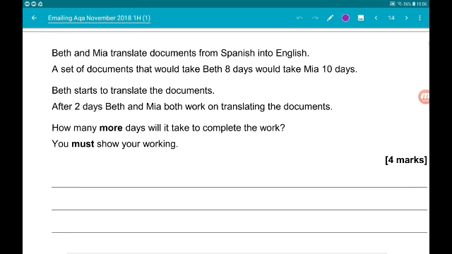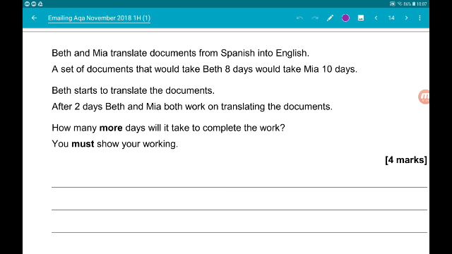Okay, number 18, big question. So, Beth and Mia translate documents from Spanish to English. A set of documents that would take Beth 8 days would take Mia 10 days. Beth starts to translate the documents.